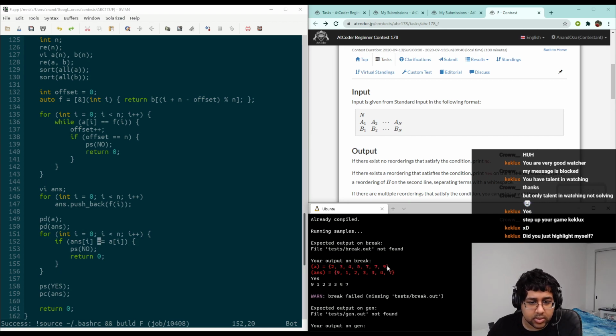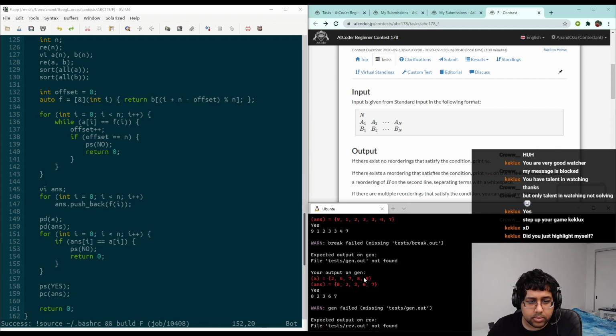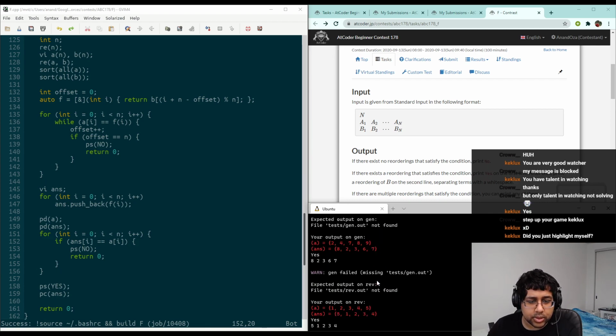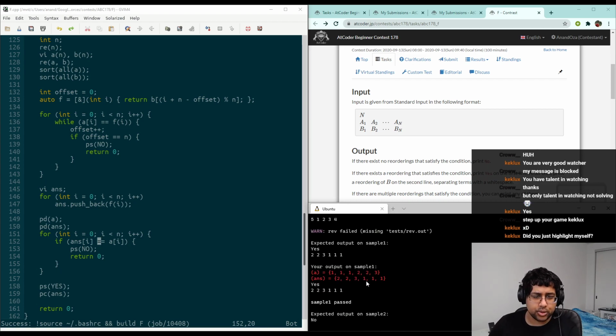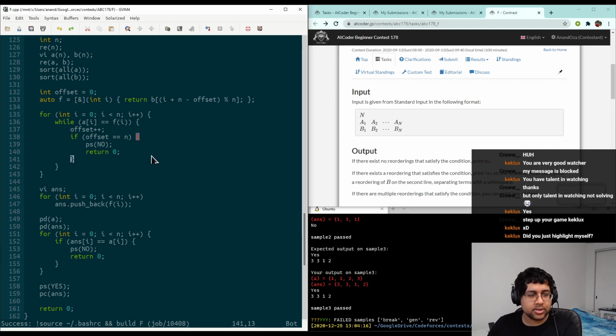So for this example, there's no issue. For this example, there's no issue. For this example, there's no issue. I'm a little tempted to just submit this. I don't know. Maybe it's right.